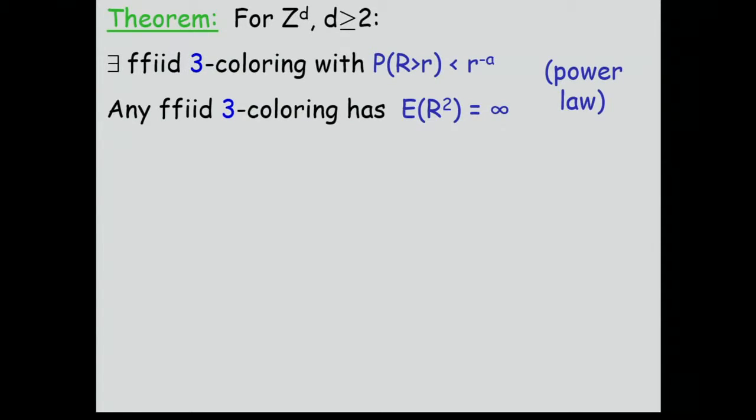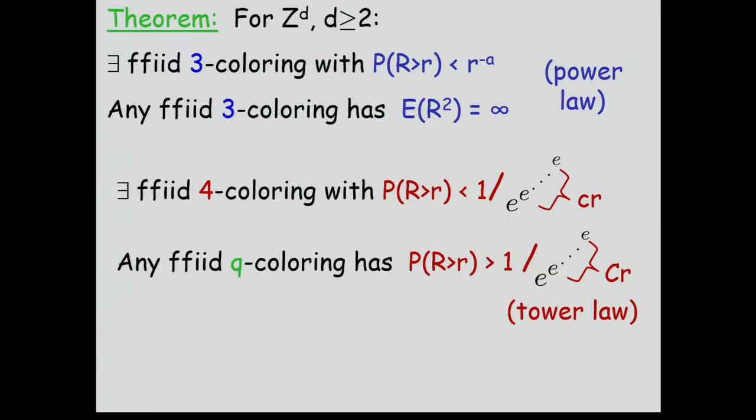Okay, so that's 3 colors. What about 4 colors? So I asked, can you do better than an exponential tail? Well, the answer is you can. You can do something quite extraordinary, actually. There is a 4-coloring with much better than exponential tails. It's a tower function tail. So the probability you have to go greater than distance R is not just doubly exponentially small, it's 1 over a tower of exponentials of height about R. Okay, so that's pretty remarkable.